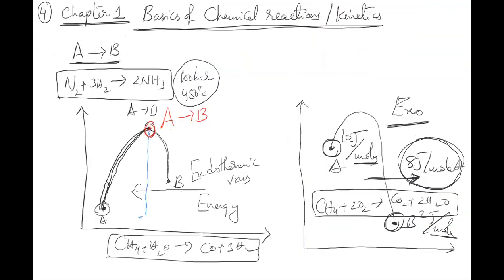From the STP level to the activation level, the energy required for a molecule or for a mole is called activation energy. So from STP to this level, how much energy is required is what you call activation energy.